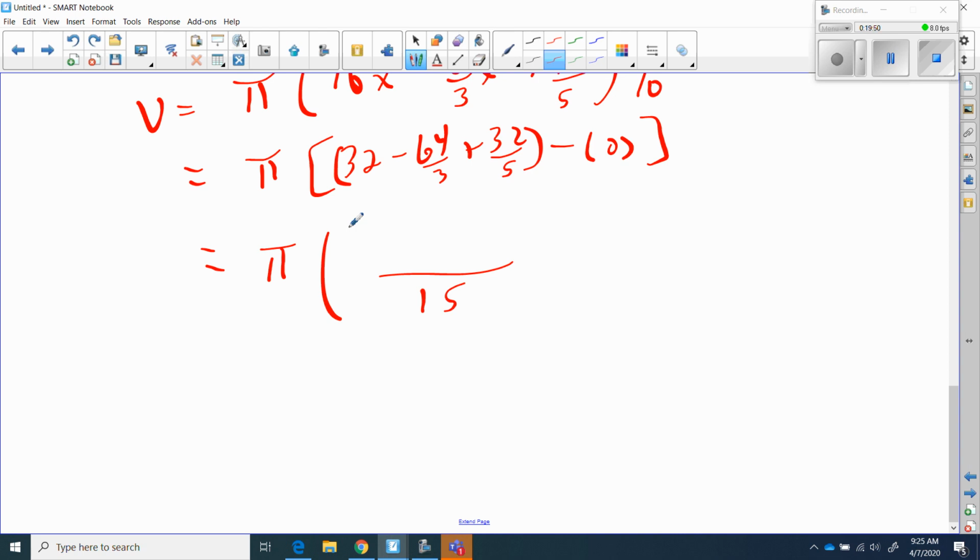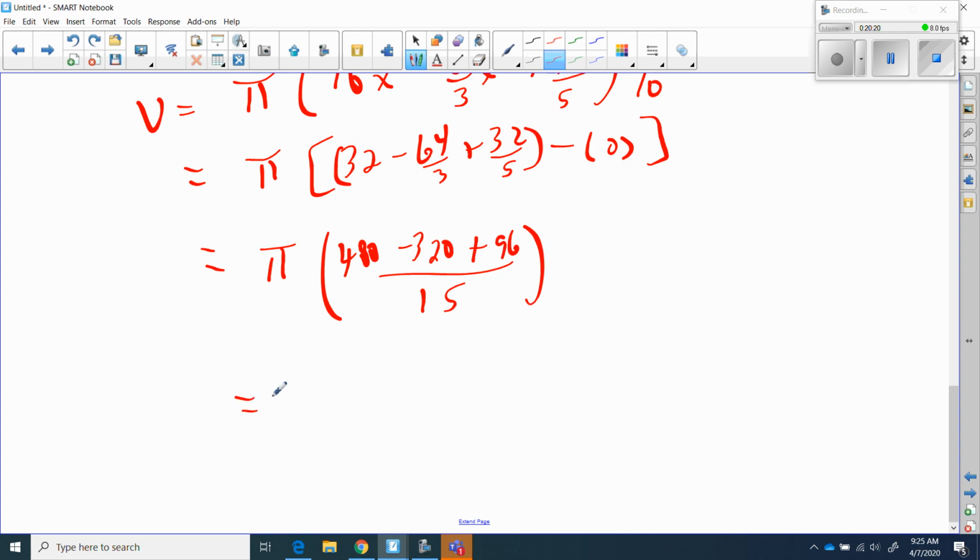Calculator handy. 1 sec. 32 times 15 is 480. So this is 480 over 15 minus, we're going to multiply 64 by 5. That would be 320 over 15. And then 32 times 3, that'll be 96.